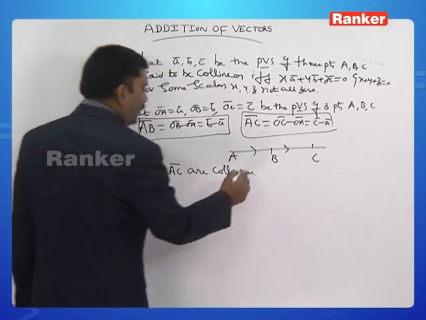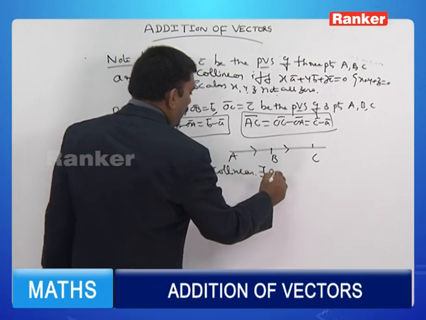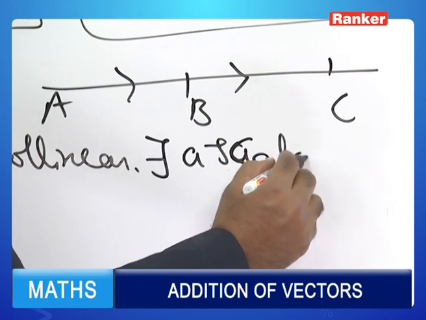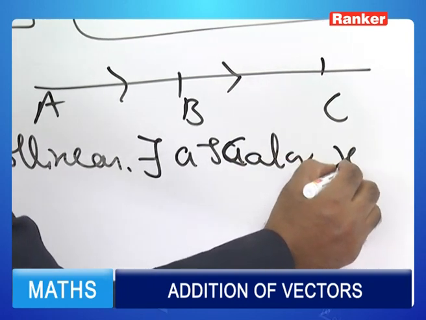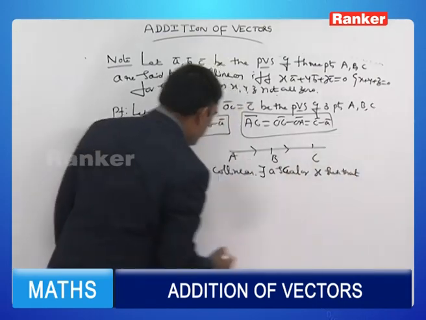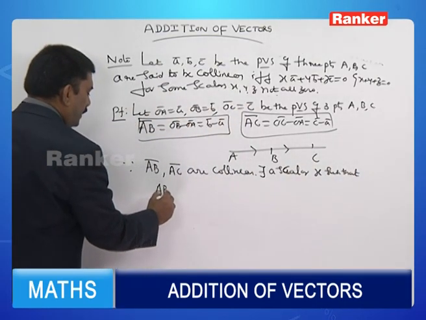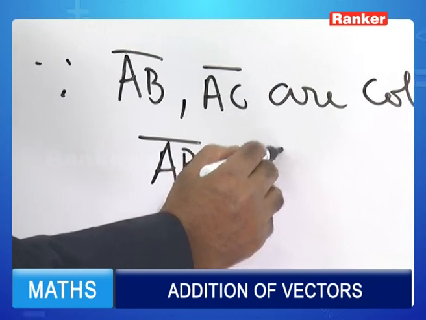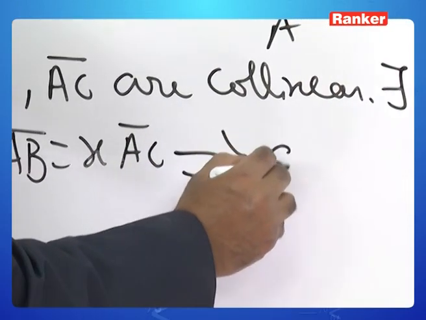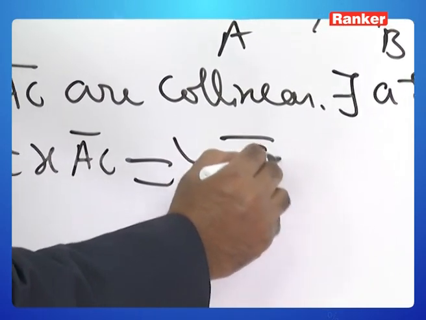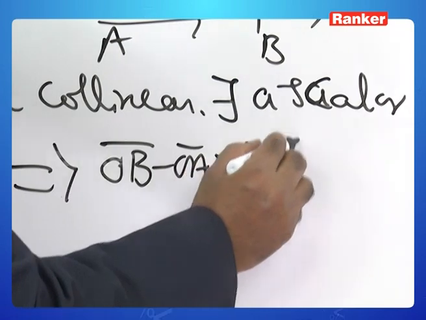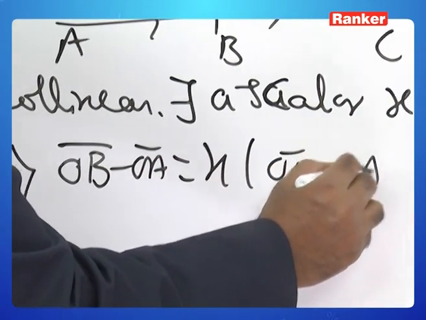So therefore, there exists a scalar x such that one vector can be expressed as a scalar multiple of another vector. I can write OB minus OA is equal to x into OC minus OA.